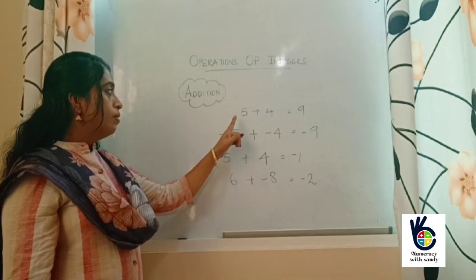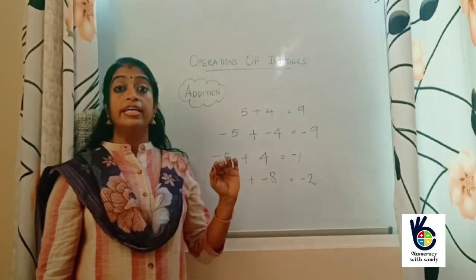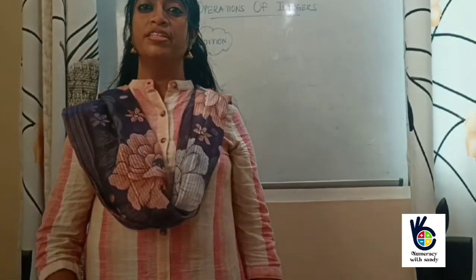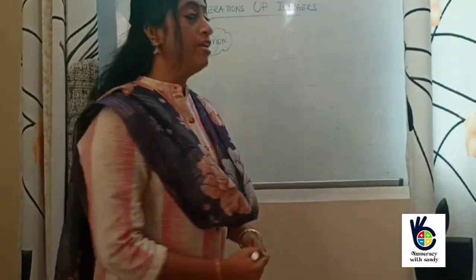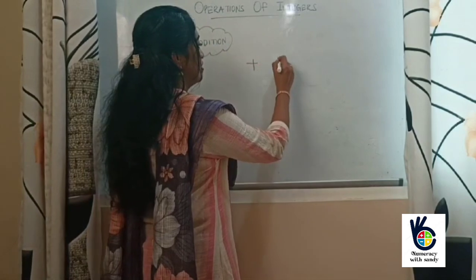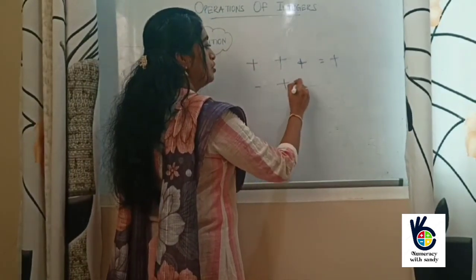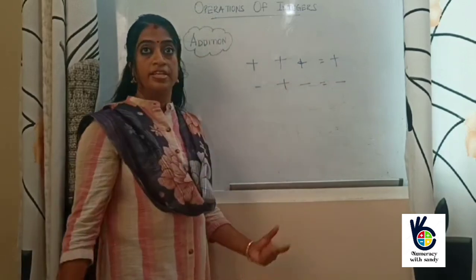So what are the rules of addition on integers? Let us conclude about operations on integers on addition. When we are adding two positive integers, the result is positive. When we are adding two negative integers, the result is negative.